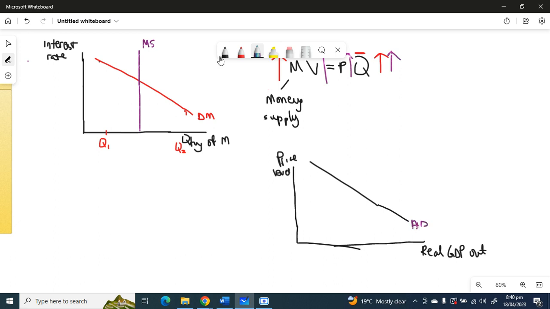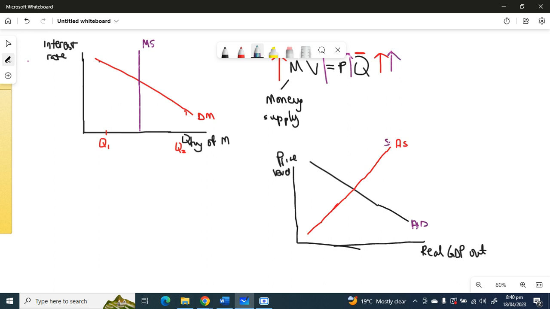We have our aggregate supply curve, upward sloping, total supply of goods and services within the economy. This is our short run aggregate supply.